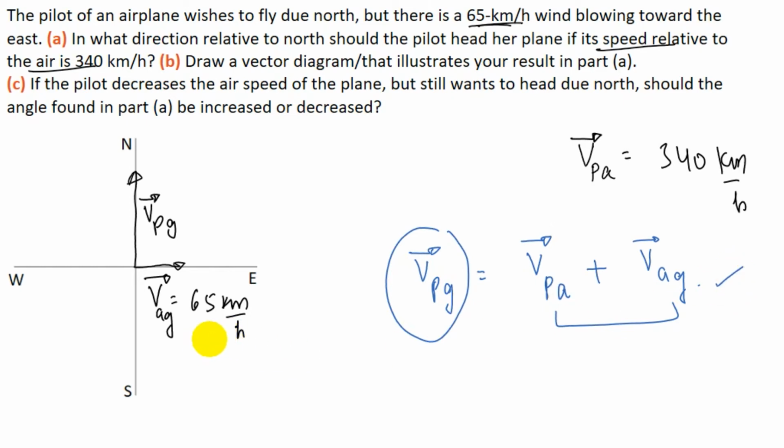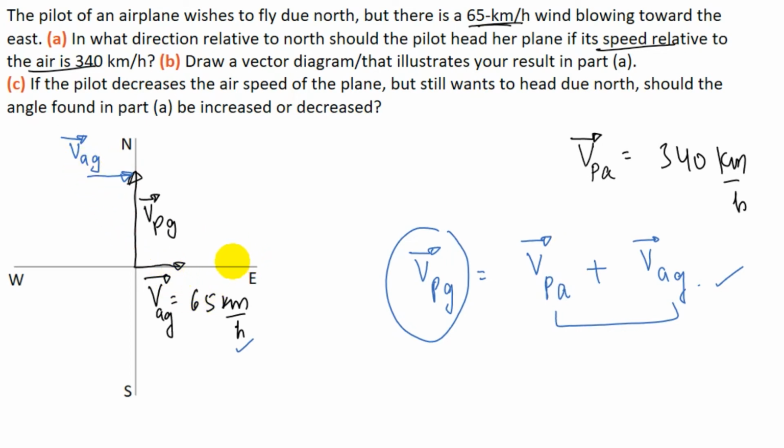We know this vector, but we don't know the direction of this one, and the sum of these two vectors is represented by this vector. So I can take this vector to here, and this is the velocity of the air relative to ground. I have not changed its direction or magnitude, just moved it from this position to this position.